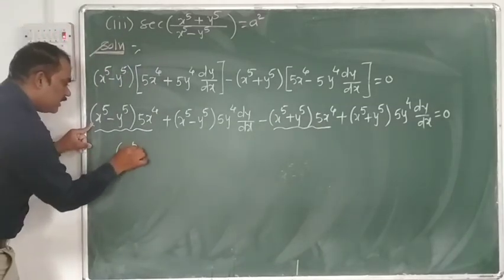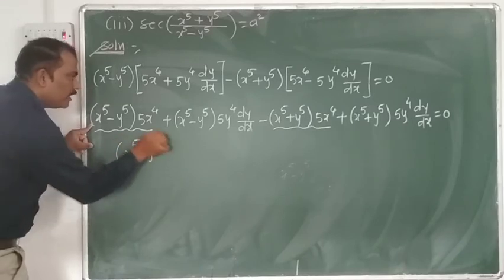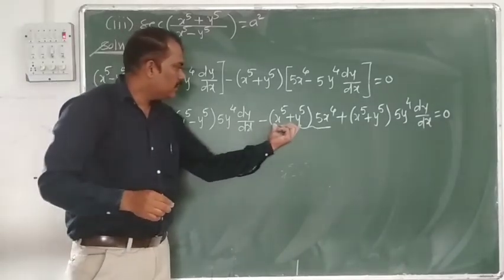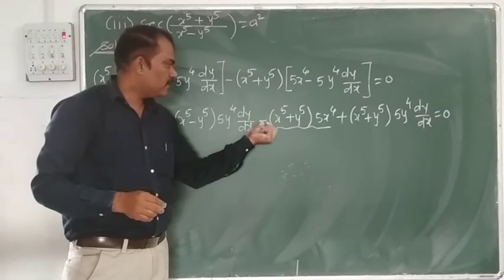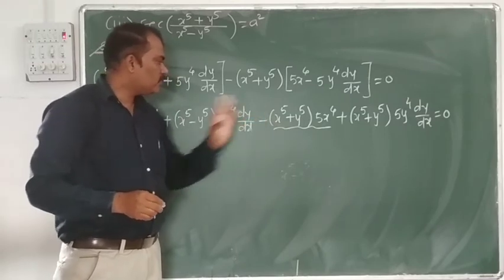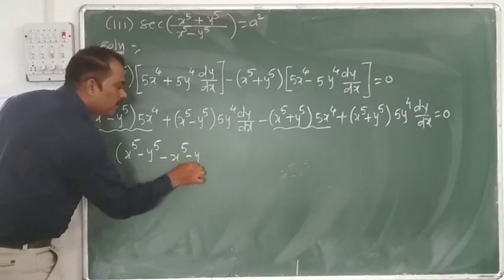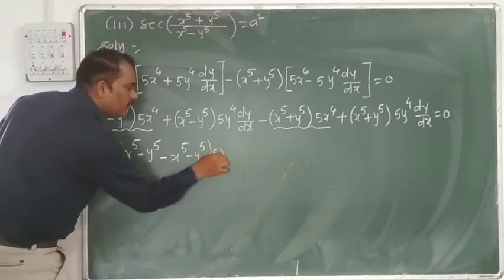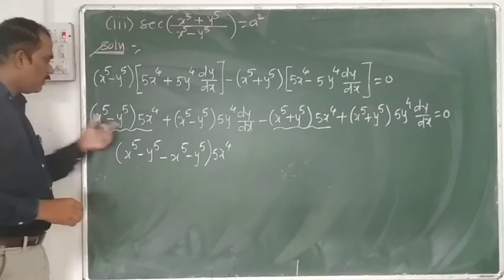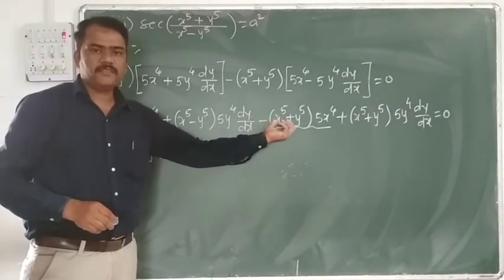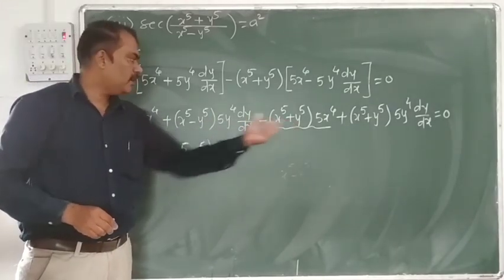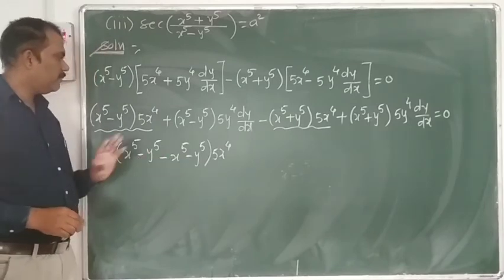Here the remaining is x raised to 5 minus y raised to 5. Here what is the remaining? With this minus sign going inside, we get minus x raised to 5 minus y raised to 5 into 5 times x raised to 4. Means from these two terms we take 5 into x raised to 4 common, and we write the remaining terms in the bracket.